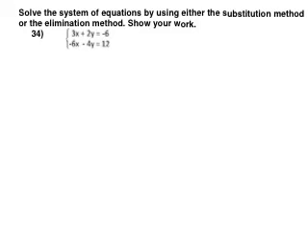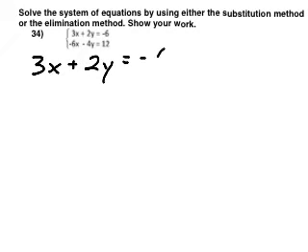Or we could, actually, the same with here. We can multiply the x's. Okay, so let's start out with the elimination method, just because it'll be easier. Stack them up. 3x plus 2y equals negative 6.